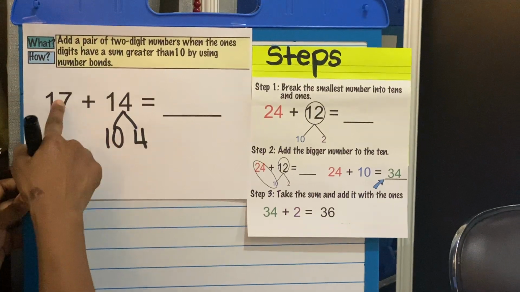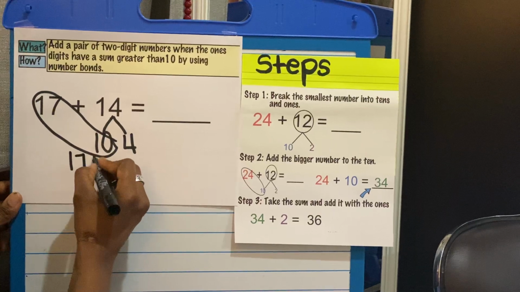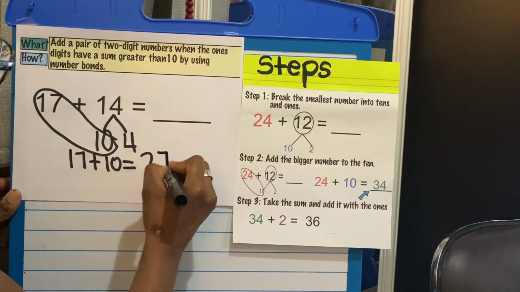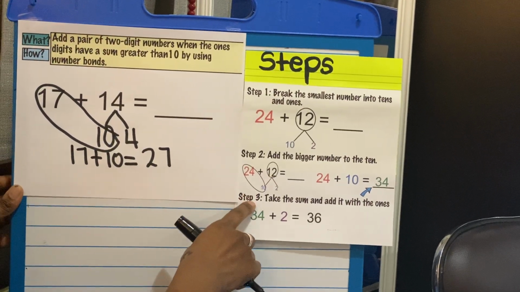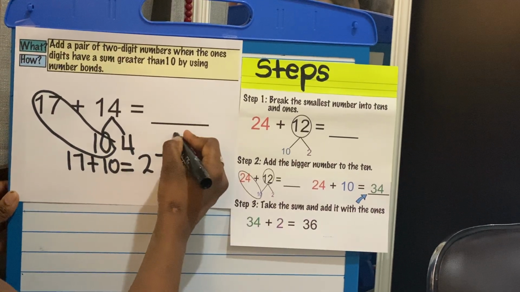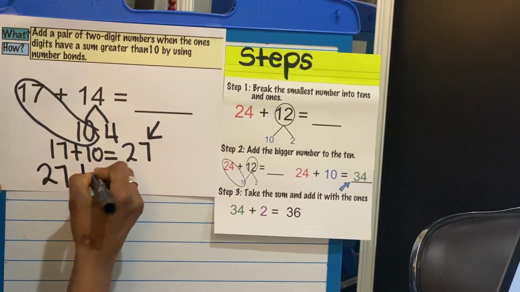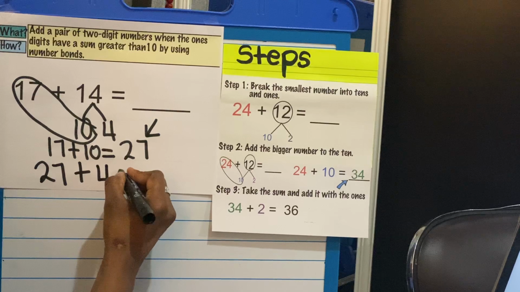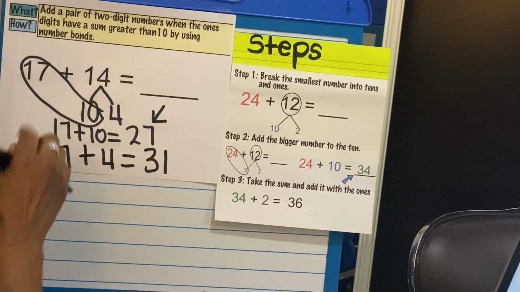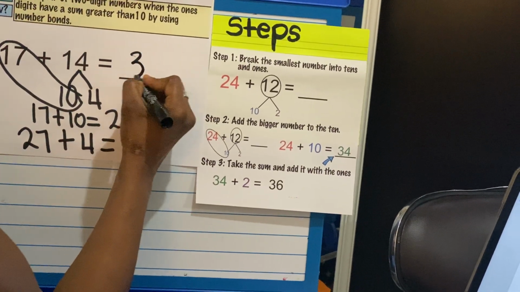So I'm going to take 10 and add it with the 17. So 17 plus 10 equals 27. Step 3, you're going to take the sum and add it with the ones. So I'm going to take this sum, which is 27, add it with the ones, which is 4, and it's going to give me 31. So 17 plus 14 equals 31.